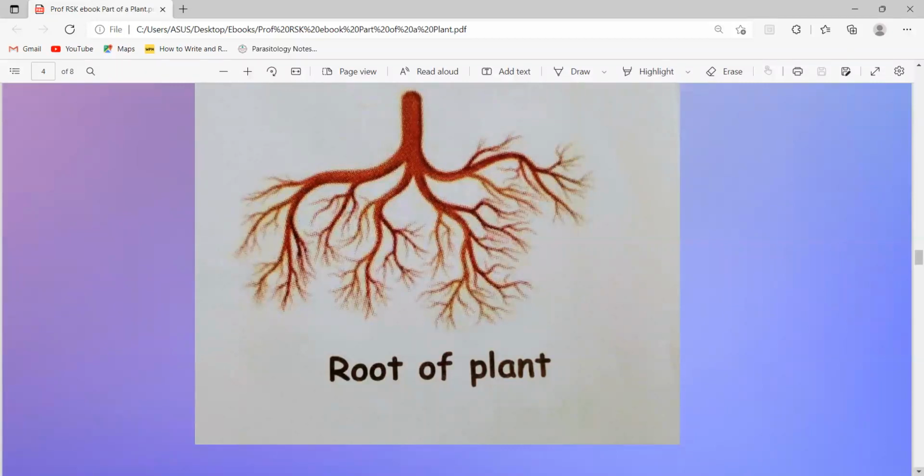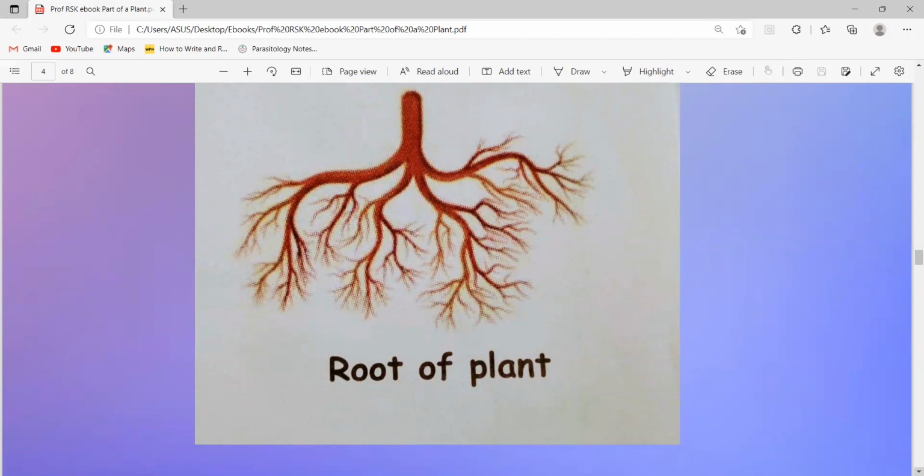We said that plant roots are divided into two: we have the tap roots and then we have the fibrous roots. There are other roots, called the prop roots and the adventitious roots. They are secondary roots, but the main primary roots are divided into two: the tap root and the fibrous root.